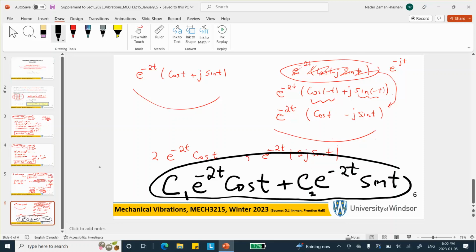And finally, if the roots are complex, and if you're interested in the real solution, and we are in this course, you find the complex expressions and use Euler's formula to convert it into the real solution that you're looking for.